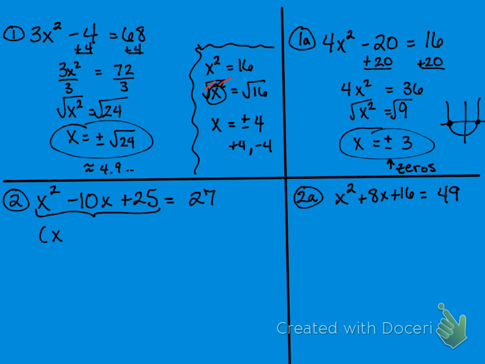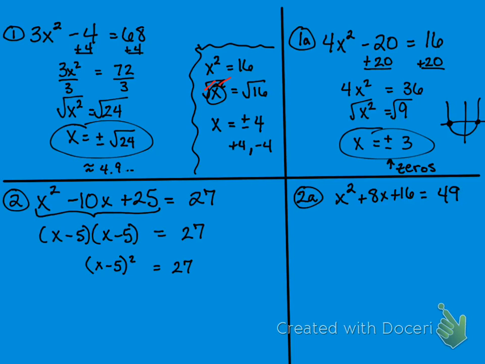So this can factor to be x minus 5 and x minus 5. And that's equal to 27 here. This can be rewritten as x minus 5 squared equals 27.